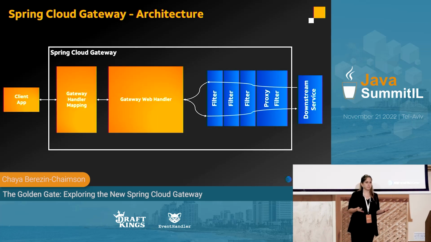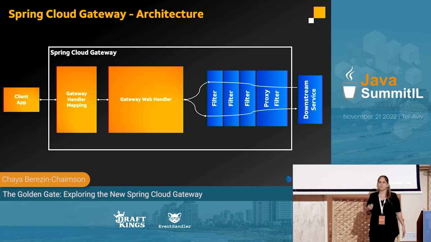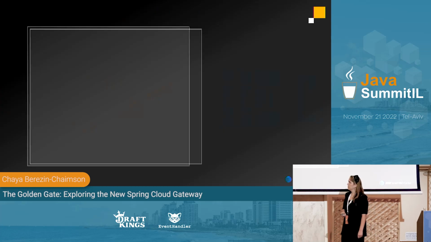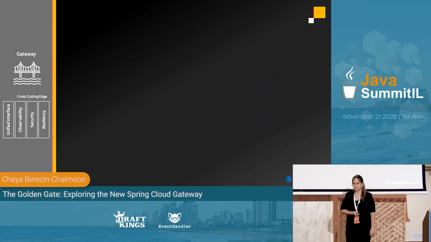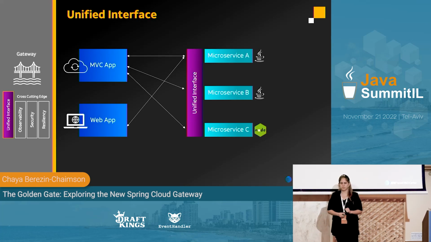Once we understand this architecture and the terminology of routes, we can go on and examine how we tackled all the challenges that we have one by one using Spring Cloud Gateway. So, unified interface. We wanted to have a unified interface to our client applications that will hide the internal microservices implementation.